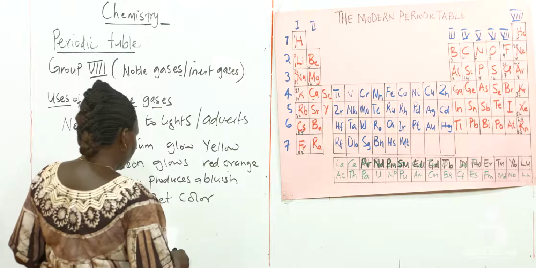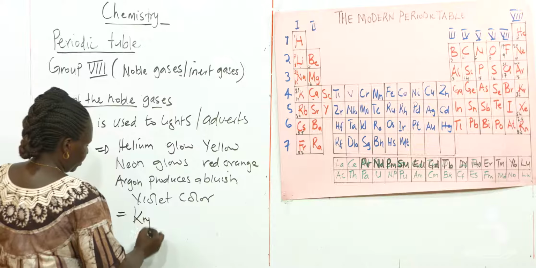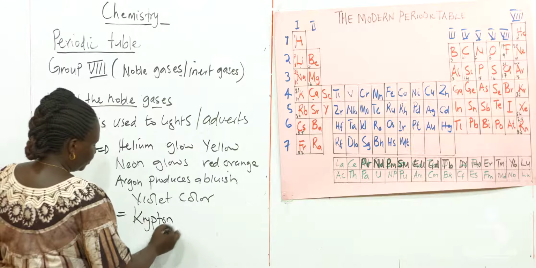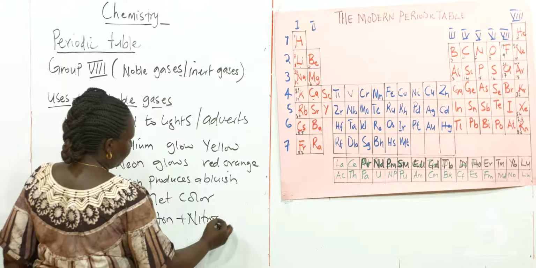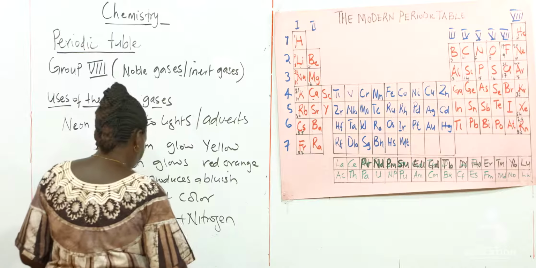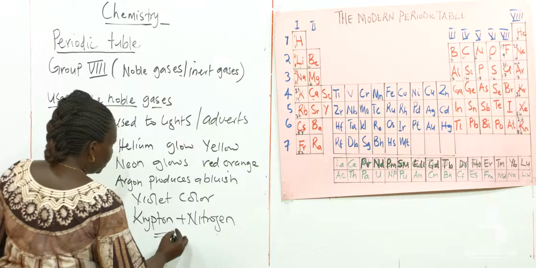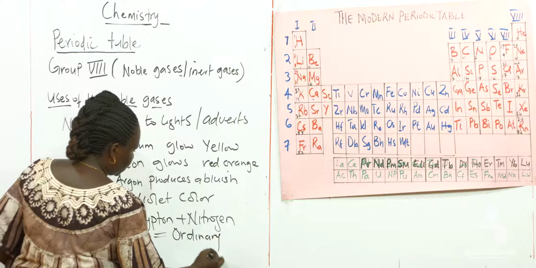Krypton is used with nitrogen, which is not a member of group 8, together in the ordinary light bulbs that we use in our houses.